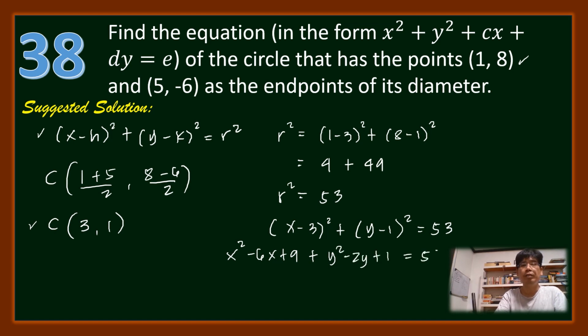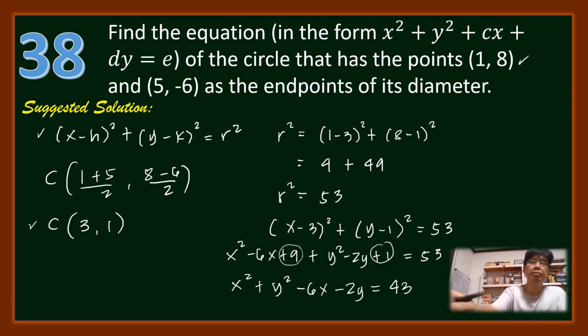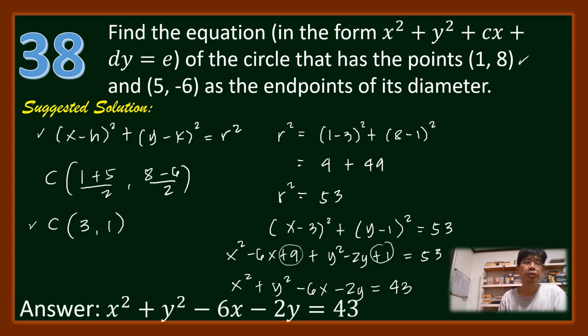We have equals 53. Arranging the terms, we have x squared plus y squared minus 6x minus 2y equals, and then we subtract 10 from both sides because 9 plus 1 is 10. So we have 53 minus 10 on the right-hand side, 43. So the equation of the circle is x squared plus y squared minus 6x minus 2y equals 43.